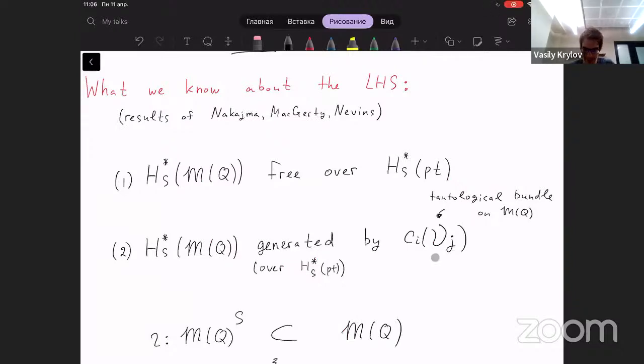So in our particular case of M_{n,1}, we have only one tautological bundle, V. We put just the vector space V over the point X, Y, gamma, delta. Any questions about this slide?